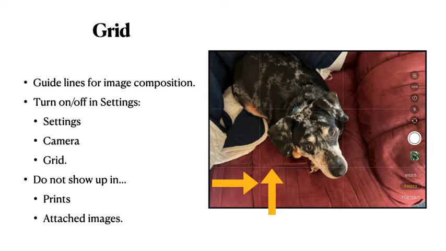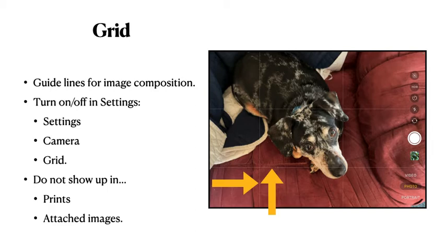Many photographers will tell you that you shouldn't have the item of interest right smack dab in the middle, like I do with the pooch's face. You want it where the grid intersects, especially up in the upper left-hand segment where the horizontal and the vertical grid lines intersect. That's where you put your point of interest.